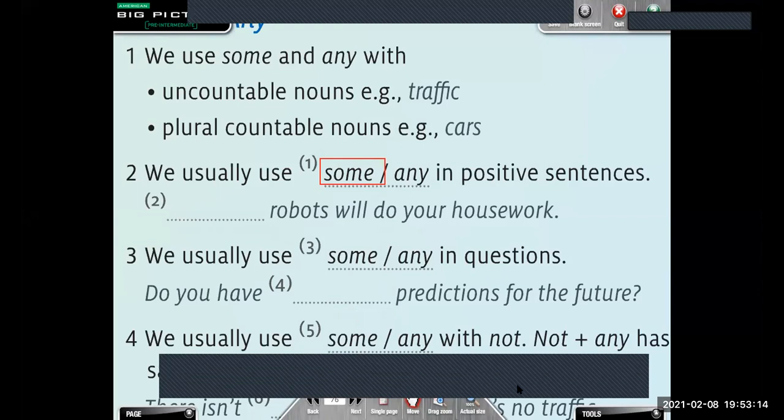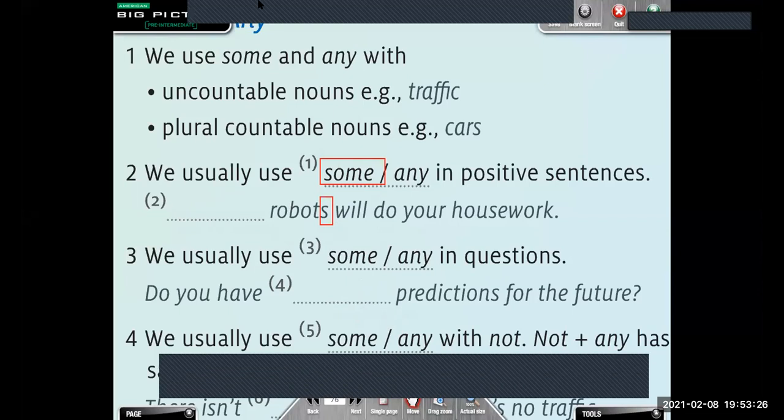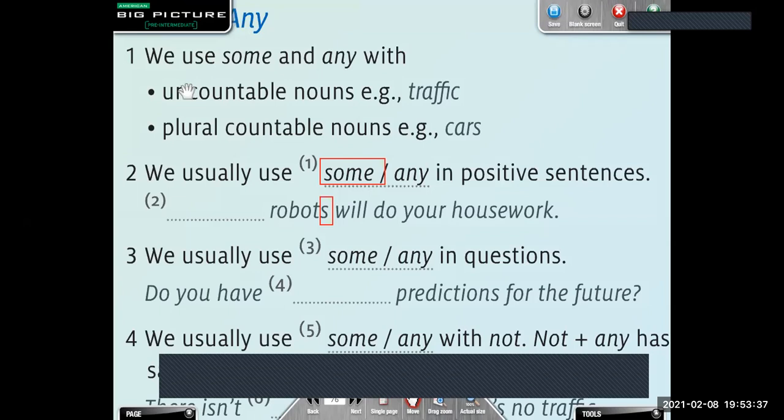There is some robots. No podemos decir there is some robots, porque is es para singular y robots es plural. There are some robots. No, aquí no podemos decir there are. Some robots will do your housework. Okay, some robots will do your housework.